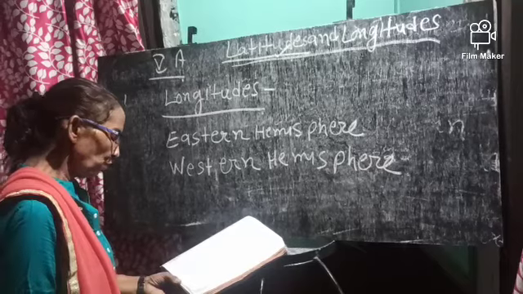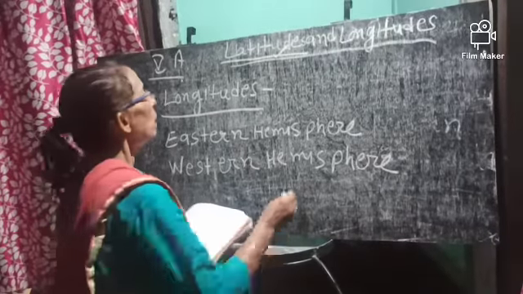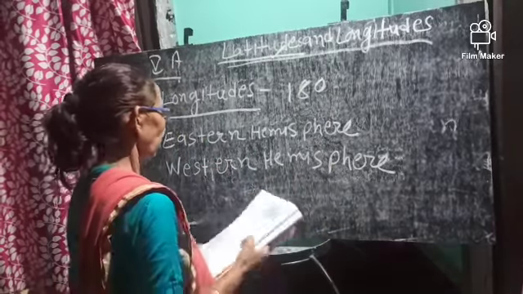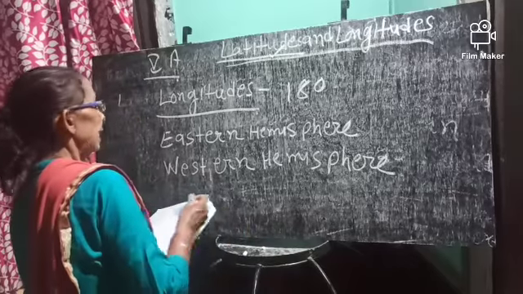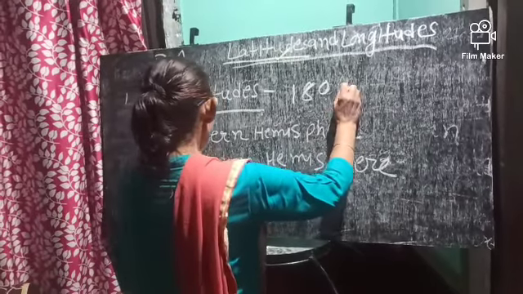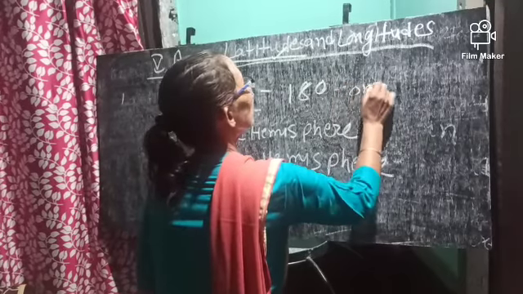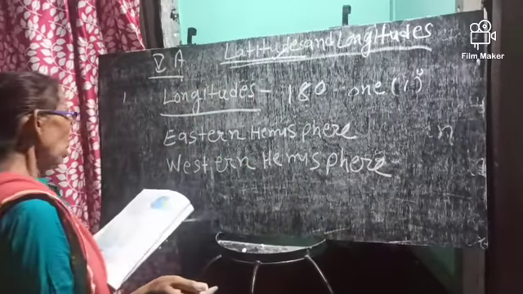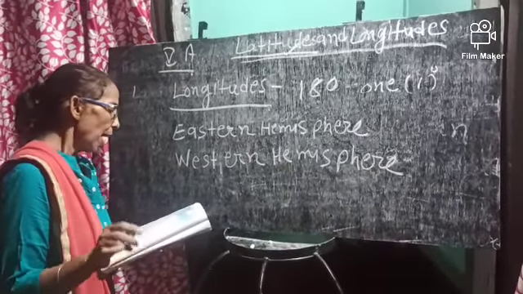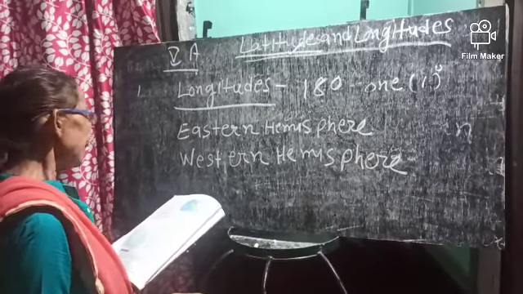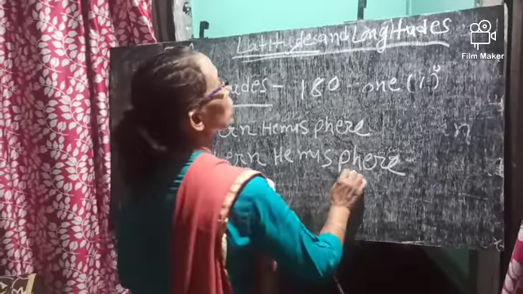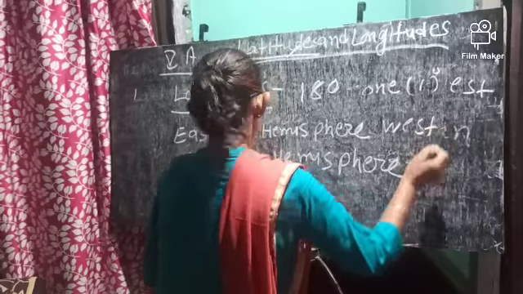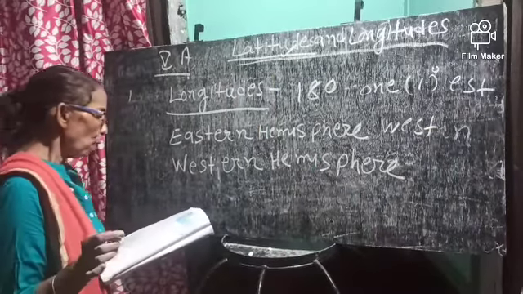For the sake of convention, 180 lines of longitude are taken at a distance of 1 degree each to the east of the prime meridian, and also 180 lines to the west of the prime meridian.